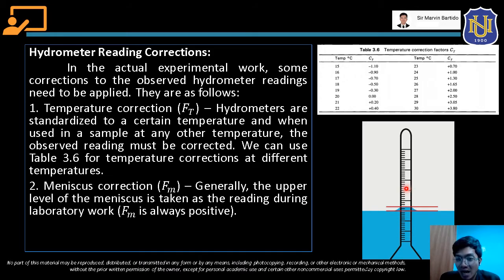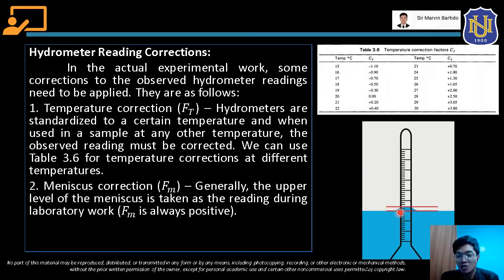And habang papaakyat naman yan, take note class, yung 0 nandito. Habang papaakyat yan, yung value ng reading natin is pababa. Ibig sabihin, class, itong nasa upper meniscus, yung value niya is lower than the reading natin dito sa lower meniscus.